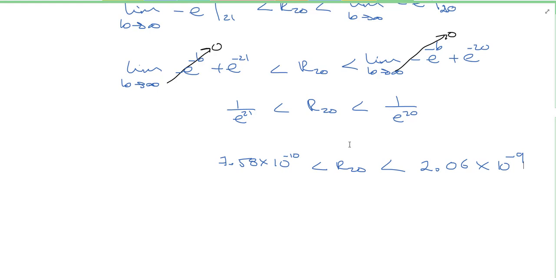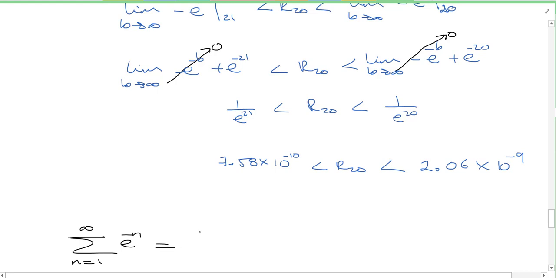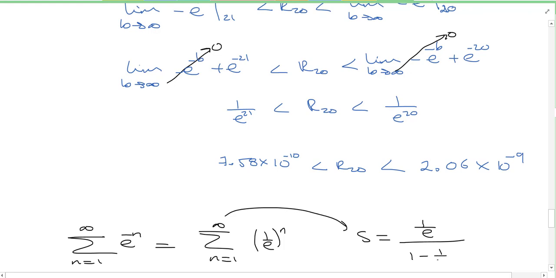I remember that was a geometric series. If you do the sum of the entire geometric series, as n goes from 1 to infinity, no longer finite, of e to the minus n, this is the sum from n equals 1 to infinity of 1 over e to the n. As an infinite sum, we can find the sum as the first term, 1 over e, over 1 minus the ratio.